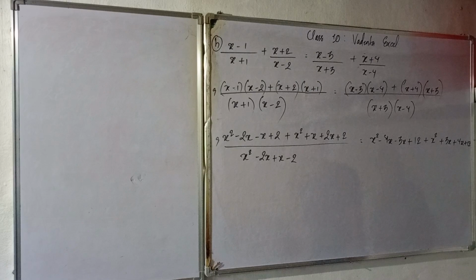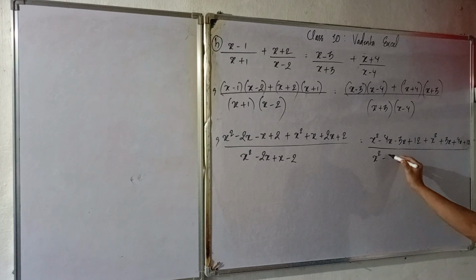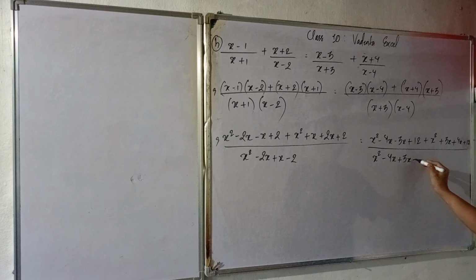A little bit congested, I hope you'll understand. Now here, x squared minus 4x plus 3x minus 3 4s are 12. So x times x minus 4 is x squared minus 4x, and 3 times x minus 4 is 3x minus 12.